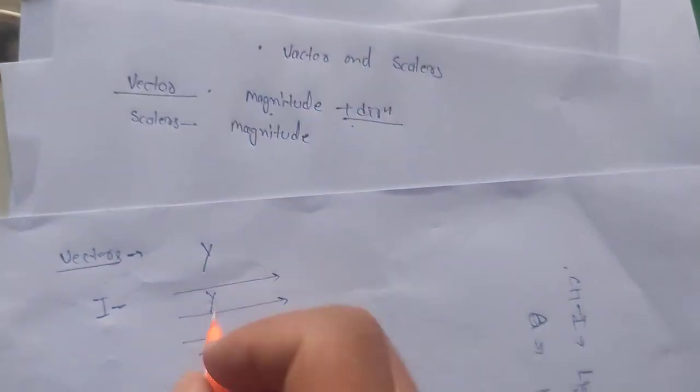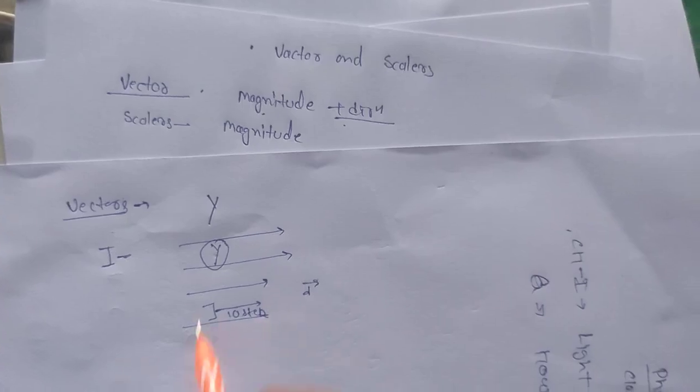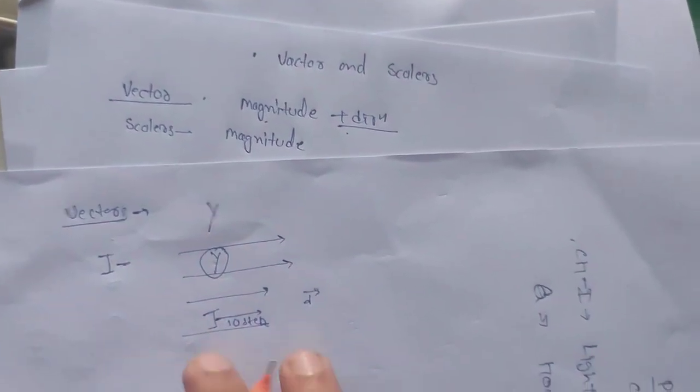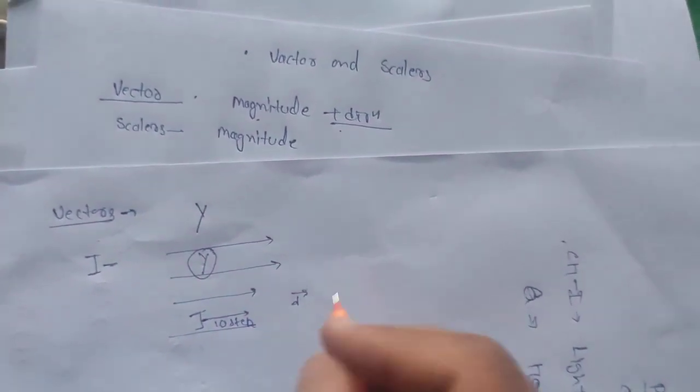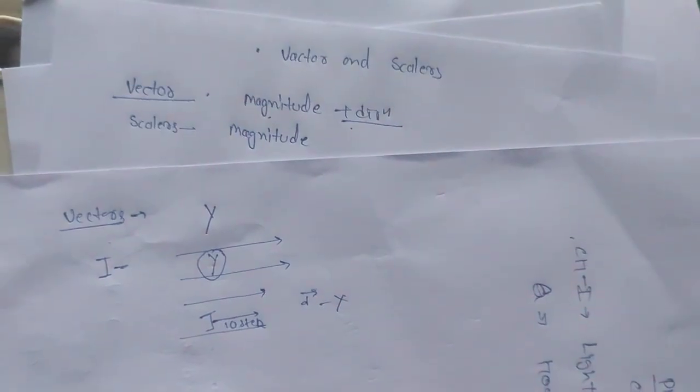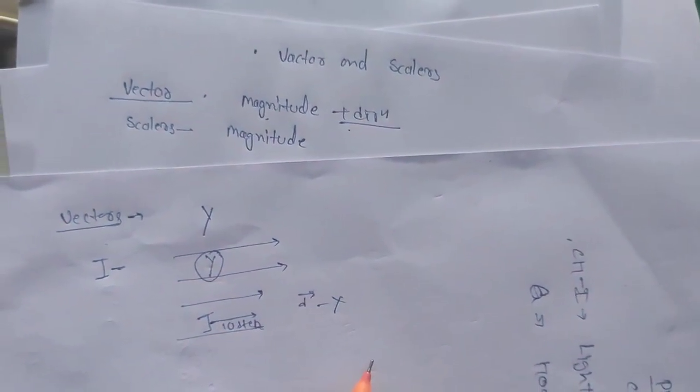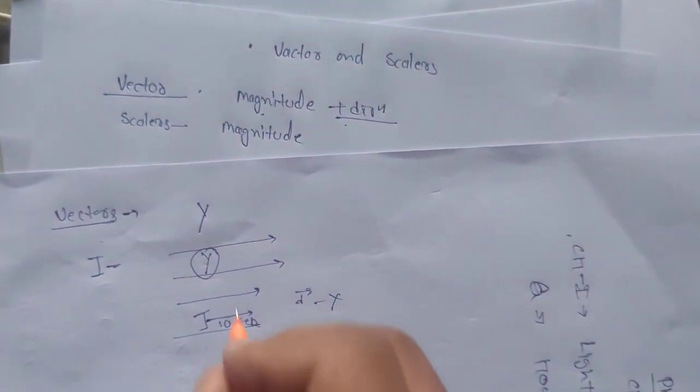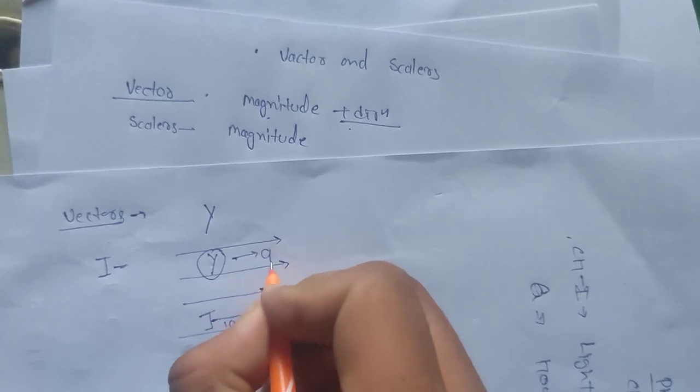In your observation, you say that our sir is traveling or walking in the direction of x with 10 steps.